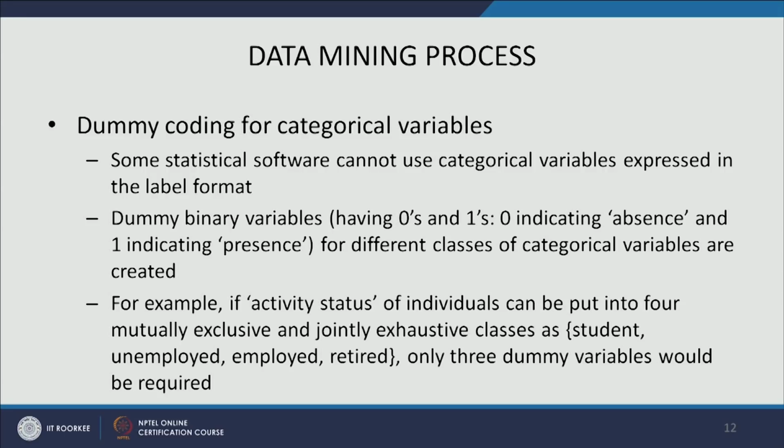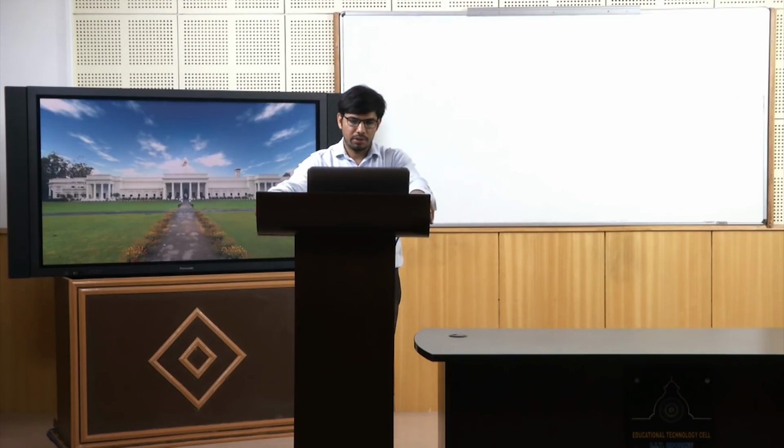Then we can create a different dummy variable: if an observation's activity status belongs to a student, it will have the value 1. If it does not, then it will have the value 0. Similarly for other observations and for other classes.